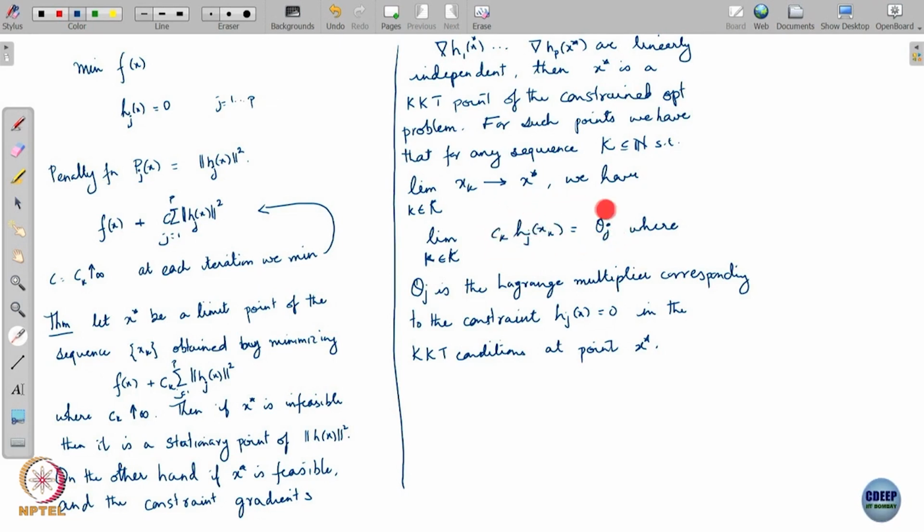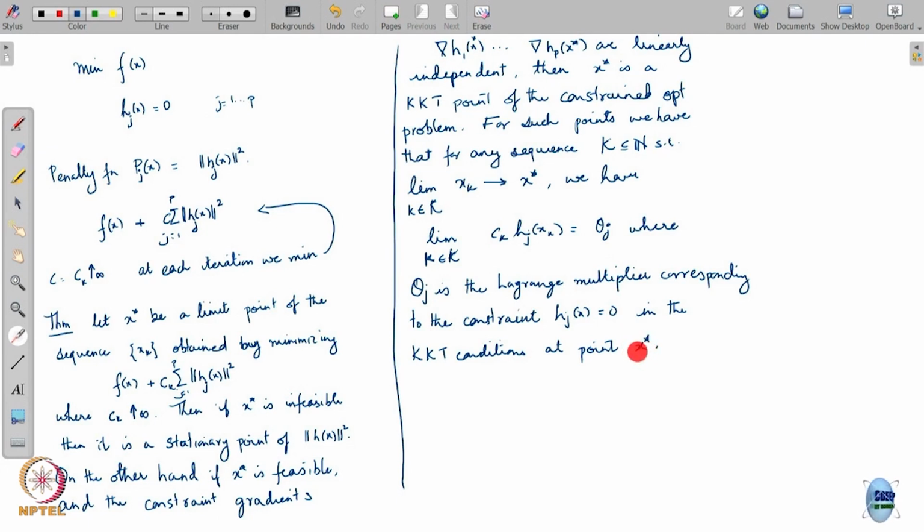Now, this is a particular property of this quadratic penalty that we are considering. So, this limiting value becomes the optimal value of the Lagrange multiplier for the KKT conditions at point x star.